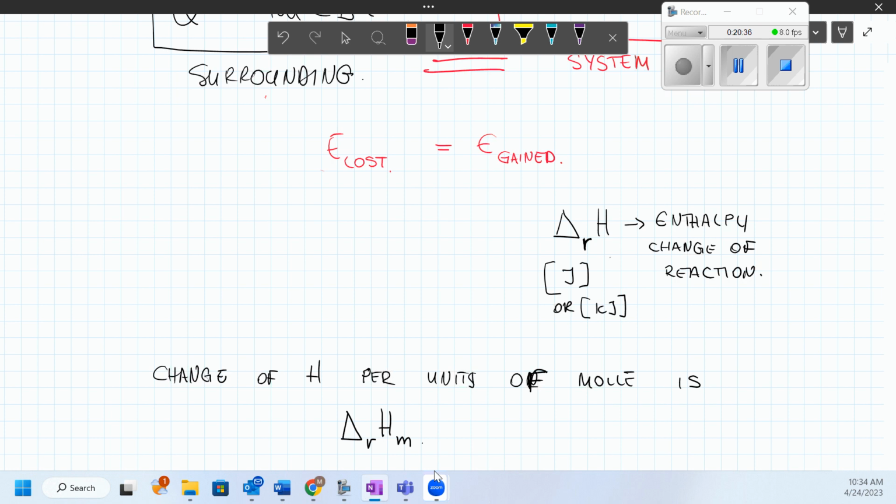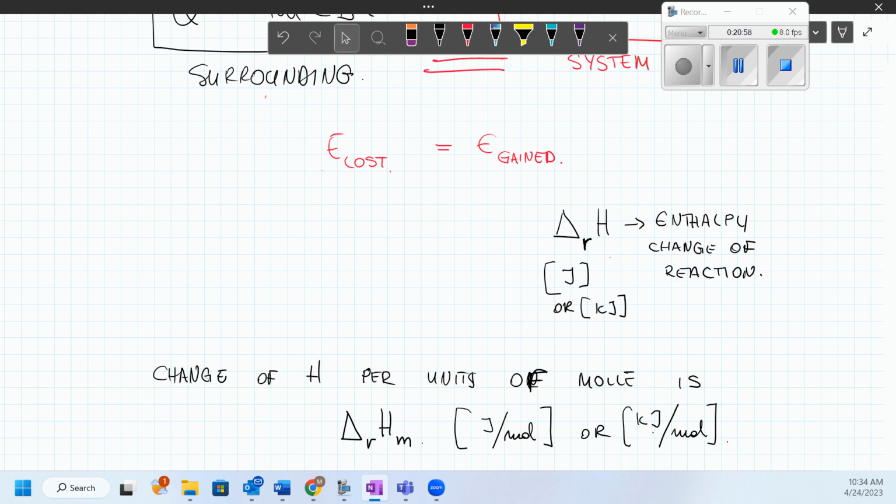And this is with a subscript m to represent the molar. And the units for it are either joules per mole or kilojoules per mole, depending on what it is. If it is too big, then we usually say kilojoules per mole.